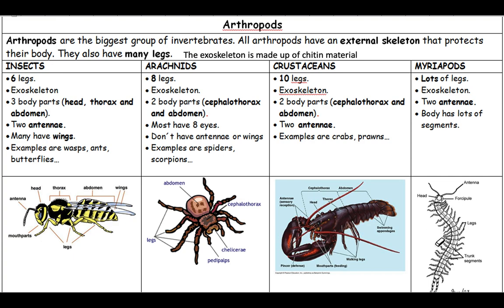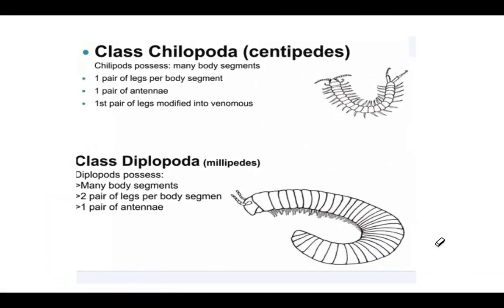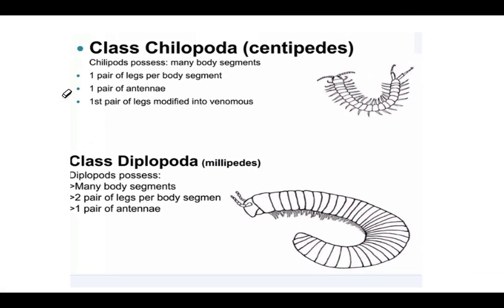So from the actual classes, we can look at the class Chilopoda, or sometimes centipedes. Chilopoda possess many segments. Most of the time, these are poisonous, or venomous to say, they are venomous.